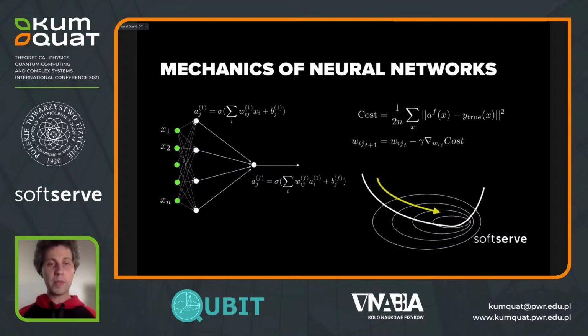And the very basic example that I have in this image is a one-layer perceptron. It's not even a convolutional neural network, but anyway, it's very simple to understand. So we have here input data encoded from x1 to xn, which is then fed through this network, which is a single layer.